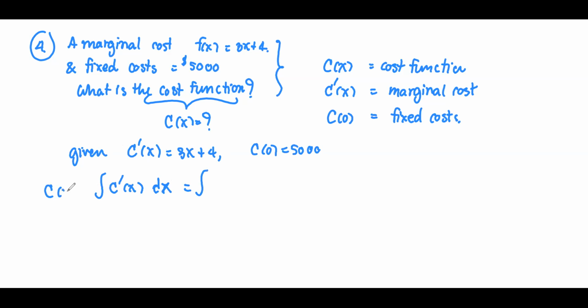So I'm going to write it here. The cost function is found by finding the antiderivative of the marginal cost, which is the antiderivative of 3x plus 4 with respect to x.